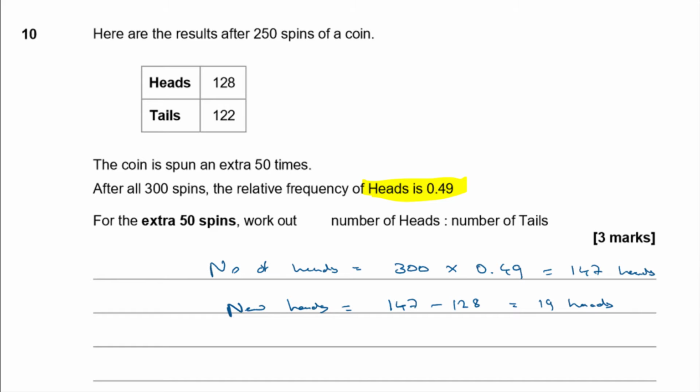So the heads to tails in the final 50 is going to be 19 heads, and the rest of it would be tails, so 50 minus 19, and that's going to be 31 tails. Okay, so I had a bit of a run of good luck on tails in the last 50. So 19 heads altogether and 31 tails in the final 50.